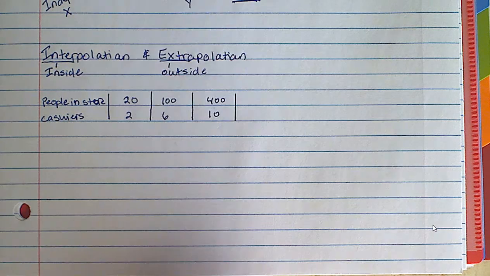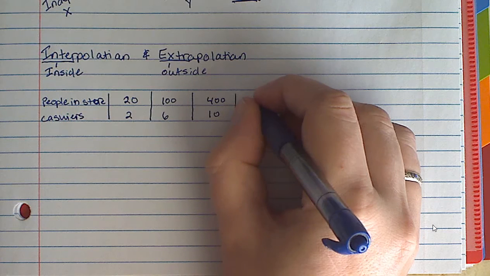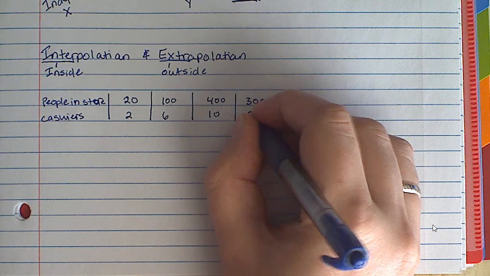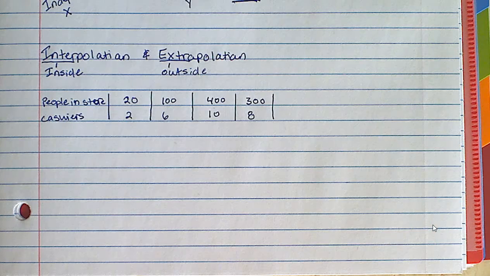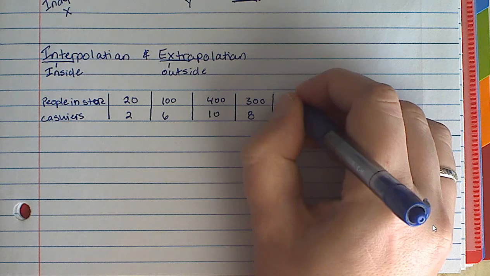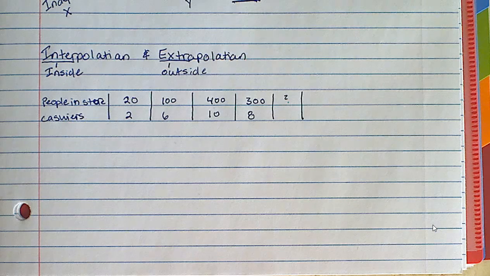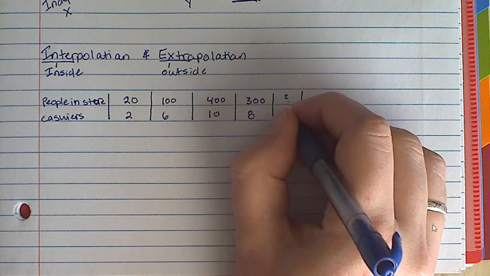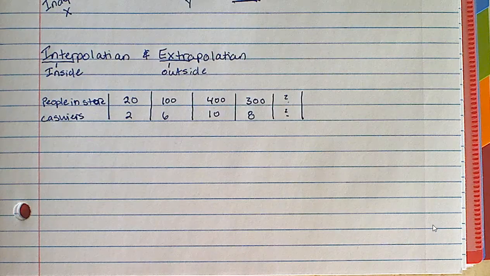Later on, they are predicting 400 people in the store, so they've staffed 10 cashiers. Later in the same day, they're predicting 300 people, so they've staffed 8 cashiers. And then further on in the day, they don't know how many people they're going to have in the store. It's a question mark. So they also don't know how many cashiers to staff.